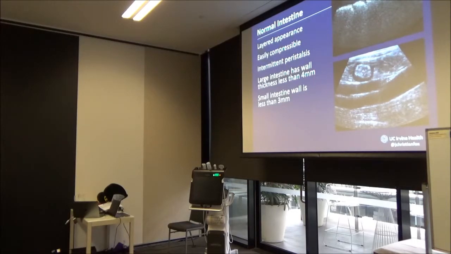When you're on your way to find something like the aorta or the bladder or the uterus, the bowel's in your way, and normally it just kind of floats out of the way on you. And that's good. In fact, if you look at the top image there, that's just the normal layered appearance of bowel. If we put the transducer on ourselves right now, that's probably what we would see.